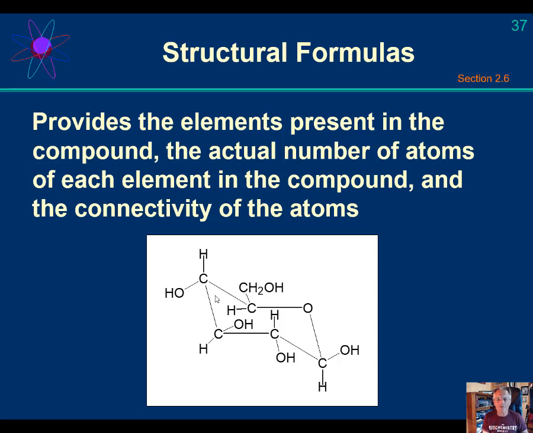And this is going a step further. It's even giving you the conformation of the structure. And you can see that this conformation looks a little like a chair, like a lounge chair that you might have at the beach. And so we call that the chair conformation.